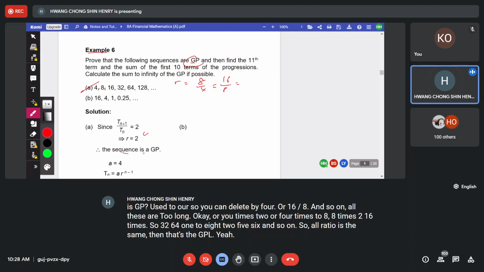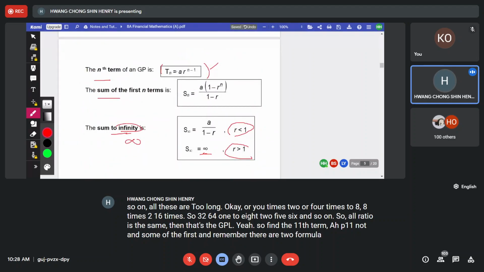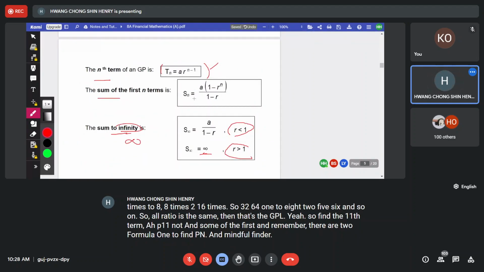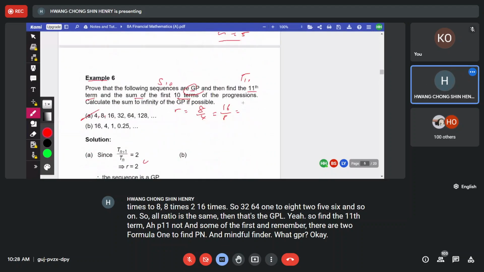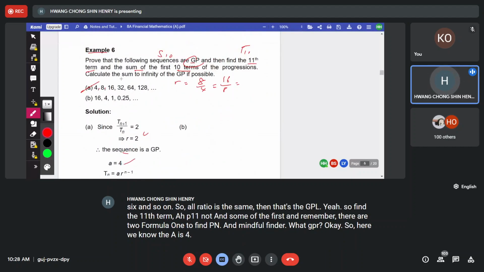Okay, so find the 11th term, T11, and the sum of the first 10 terms, S10. Remember, there are 2 formulas. One to find Tn, and one to find the Sn for a GP. Okay. So here we know the A is 4, R is 2.